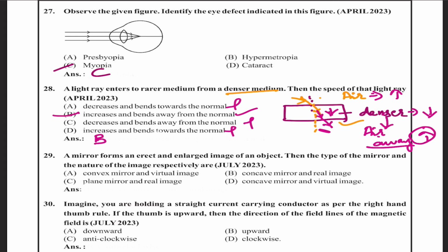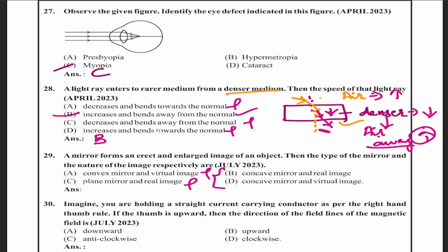Hence, it is not a convex mirror. So, we can delete option A as well as plane mirror. In plane mirror, we will have the same size. So, option A and C are ruled out.